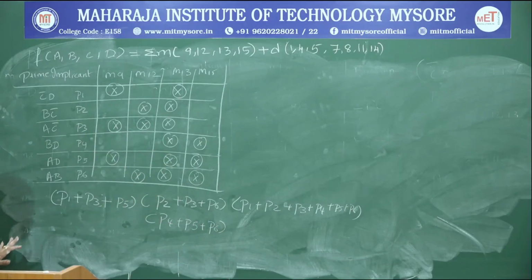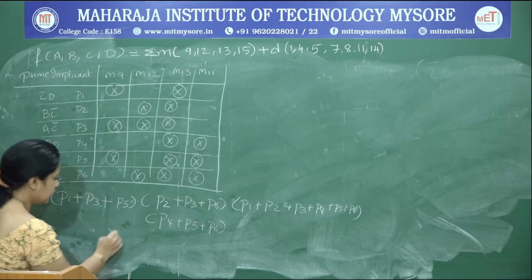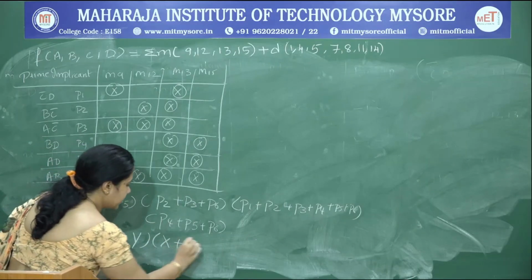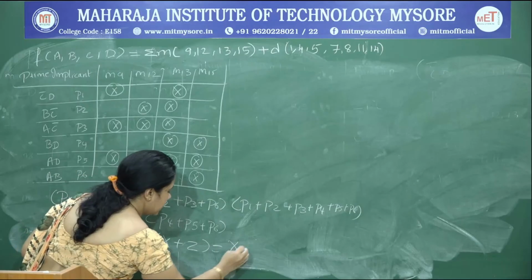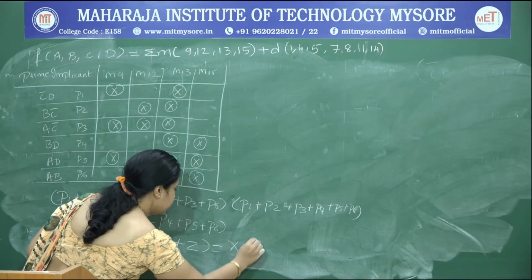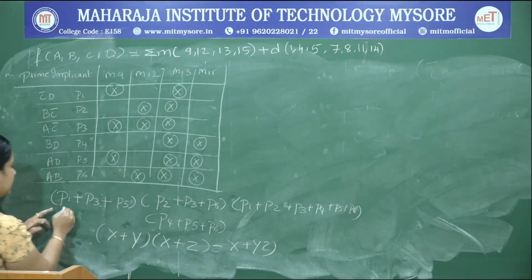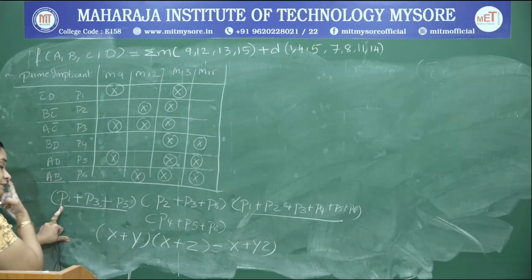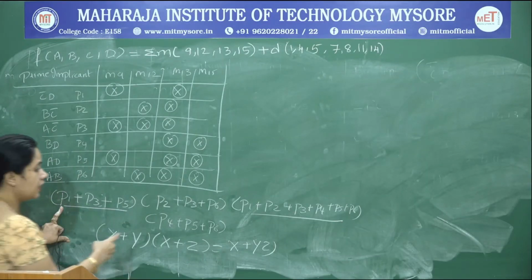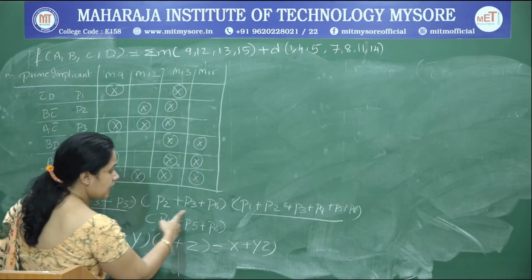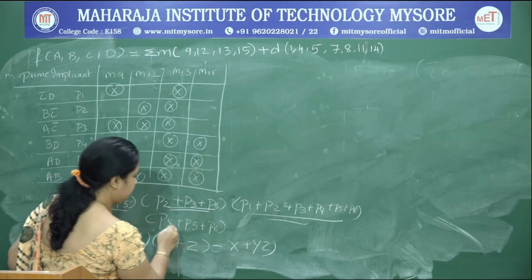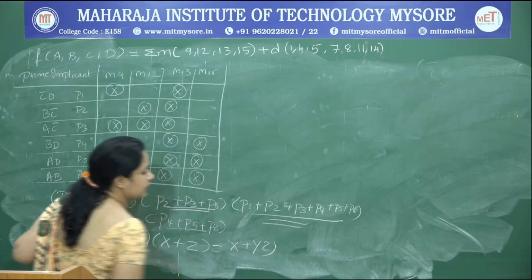So here you try to apply the distributive law of multiplication, that is x plus y into x plus z is x plus yz. So if you can see, P1 plus P3 plus P5 is common here, and also P2, P3, P6 is common here, and P4, P5 and P6 is also common here.